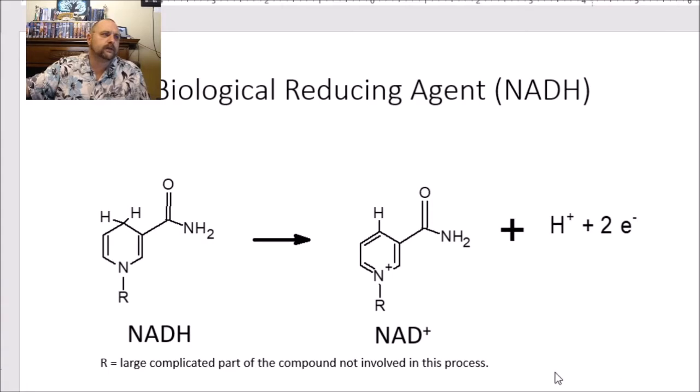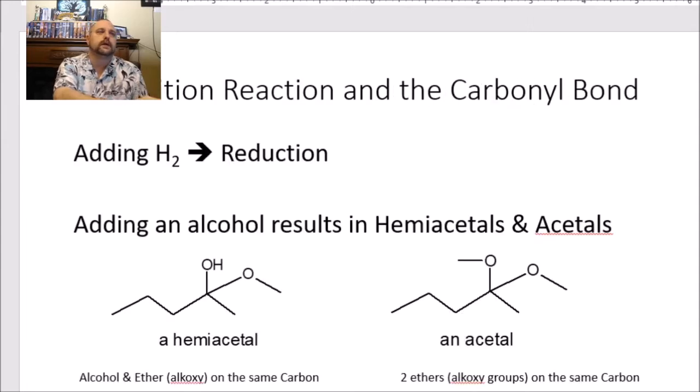And it's way too big. You'll notice down here I've got all these R groups. Those R groups, I didn't want to have to draw the whole thing. Big, long, complicated. The important thing is this generates two hydrogens and two electrons. That helps reduce this. Remember, reduction is gaining electrons.